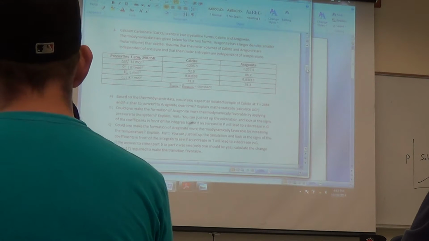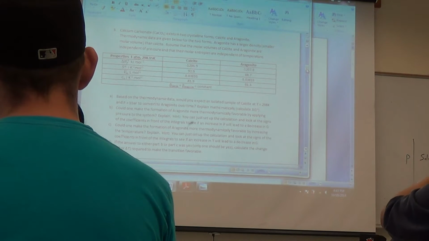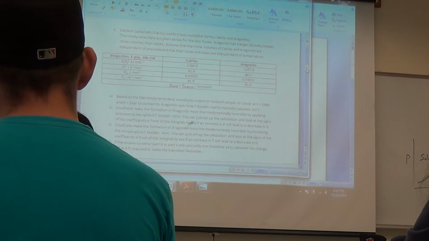We're dealing with solids here, and so in that case, that V is going to be a constant. It comes outside of the integral, and you'll have delta G at T2 being equal to G of calcite.